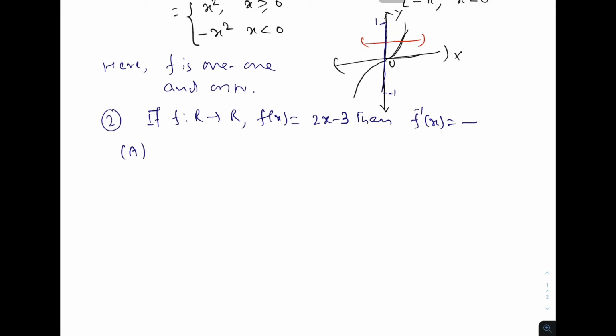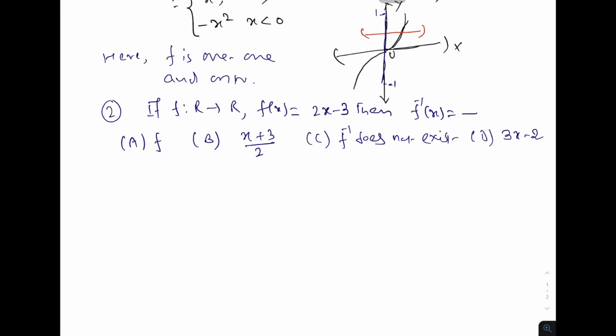The options are: f inverse is f itself; then (x plus 3) by 2; then f inverse does not exist; and the fourth is 3x minus 2.